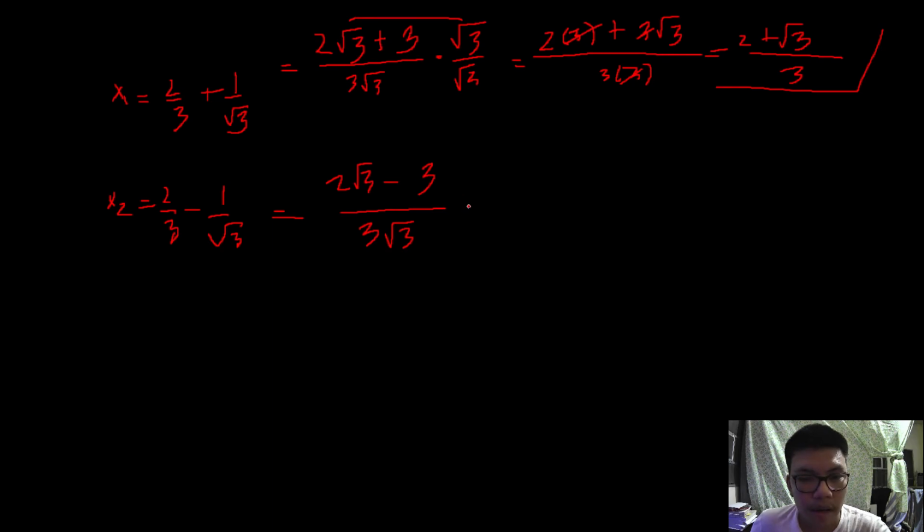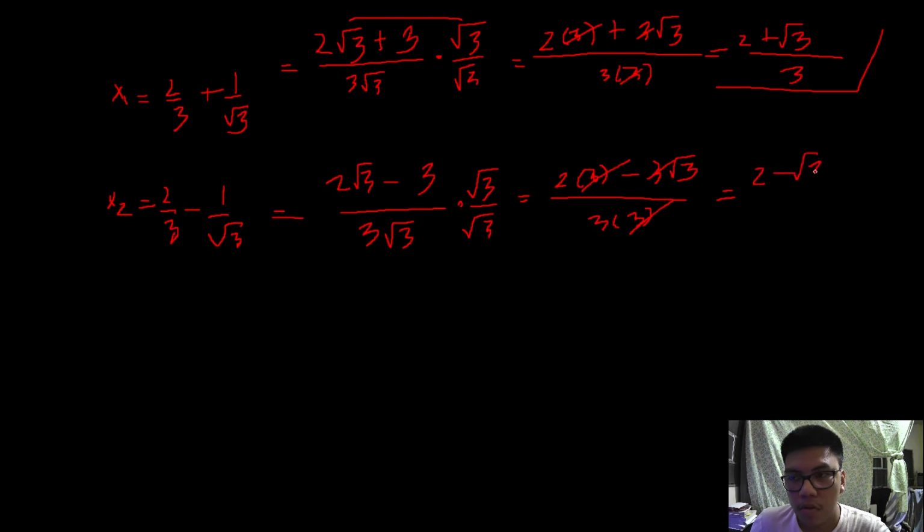So, simplifying this, or rationalizing this one, we have square root of 3 over square root of 3. So, same lang. So, 2 times 3 minus 3 square root of 3. Di ba? All over 3 times, okay, square root of 3 times square root of 3, that will be equal to 3. Okay? So, cancel na yung 3, kasi may common, di ba? So, we have 2 minus square root of 3 all over 3. Okay, yun yung dalawa mong roots. Okay?